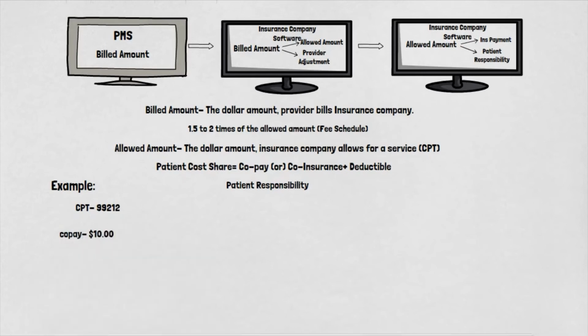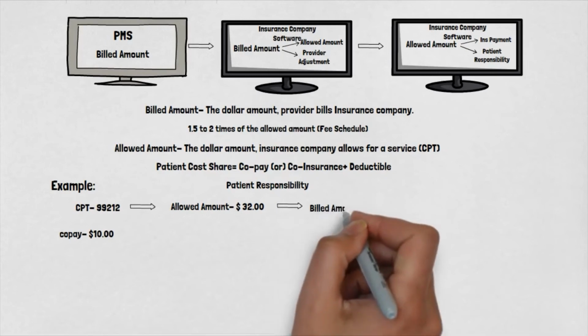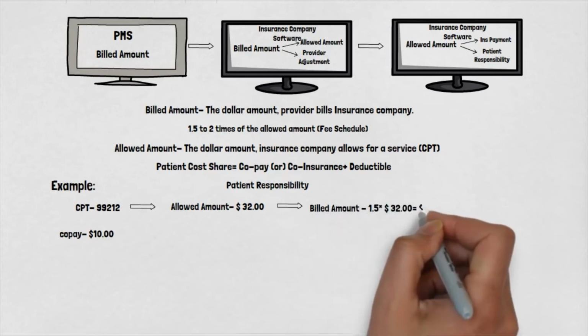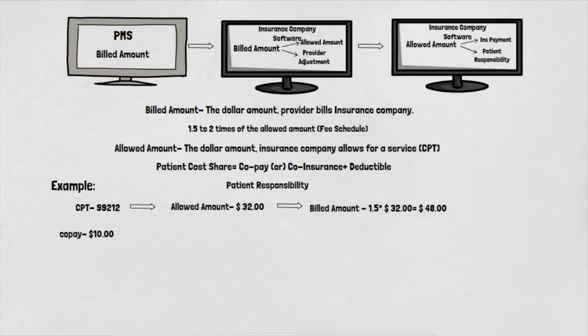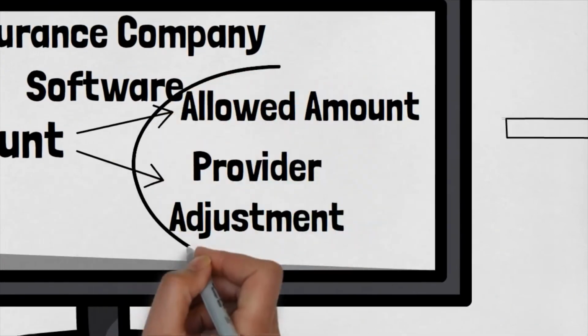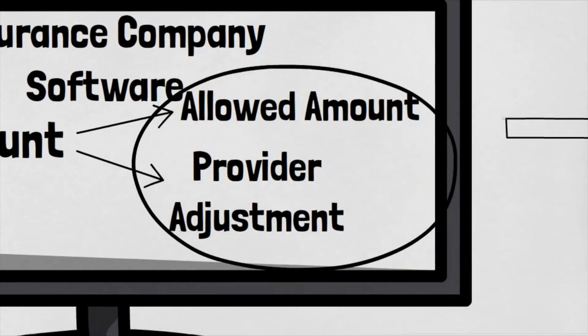It is also known as patient responsibility. Now again, let us take the example of 99212 and let us assume that the patient's insurance plan has a copay of $10, and as per the fee schedule the allowed amount is $32. So the billed amount is going to be 1.5 times $32, which is $48.